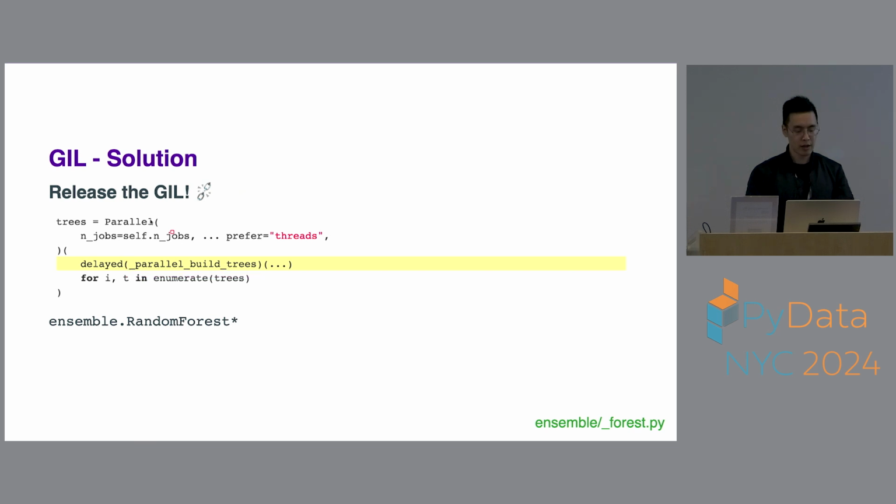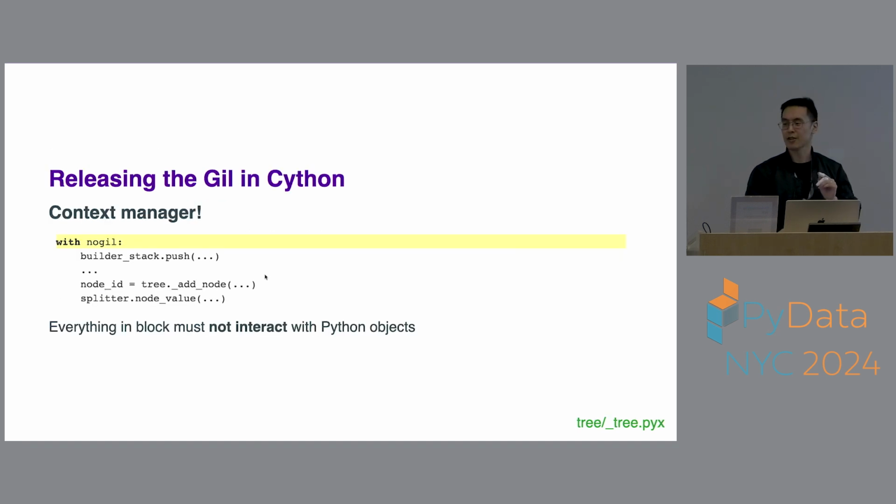That means we could call this in parallel using multi-threading, and this would use up all your CPU cores. This only works because parallel build trees, the Python function, releases the GIL most of the time. And the question is, how do you release the GIL in Cython? It's a context manager. That's it.